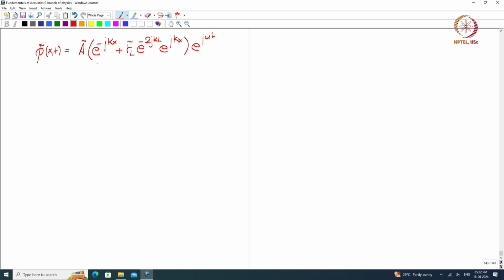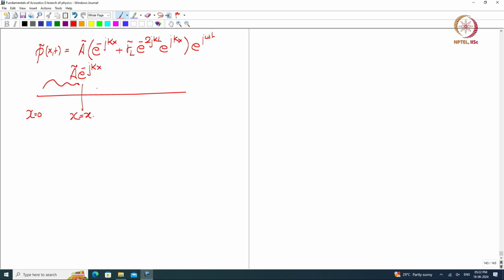Okay. So, I am measuring or adding waves at a certain location x. This is my origin. This is at a location x equal to x. The ingoing wave is A tilde e to the power of minus j k x.